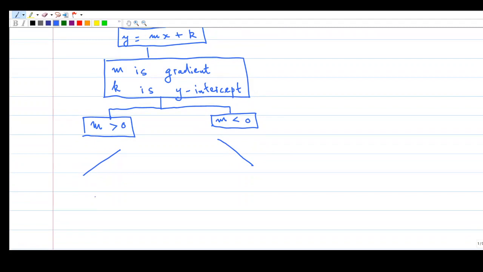And you know that from school that m is equal to the change in y over the change in x.